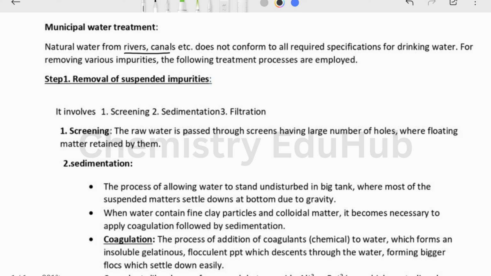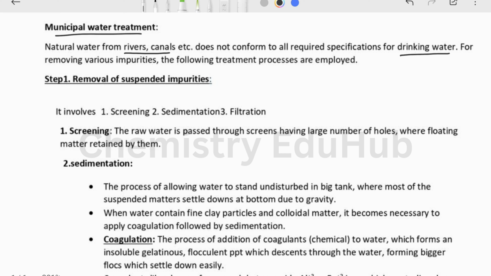It makes sure that everybody gets drinking water which is free from all the unwanted materials, and the government, municipal corporation takes the necessary steps in order to remove all the impurities by passing the water through various treatment processes. So let us see the processes that are involved in the treatment of this municipal water in various steps.